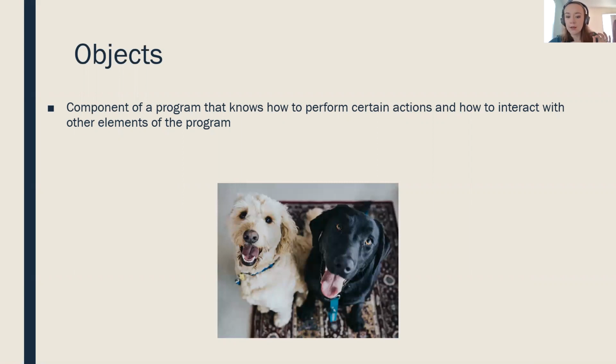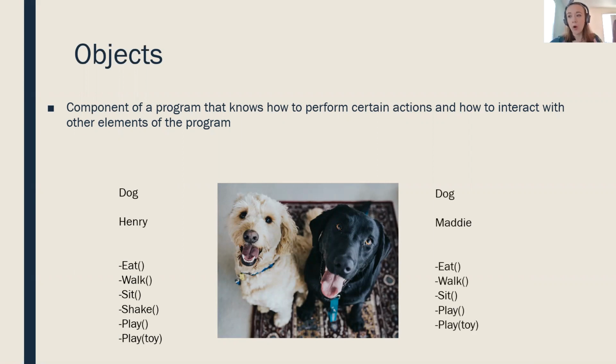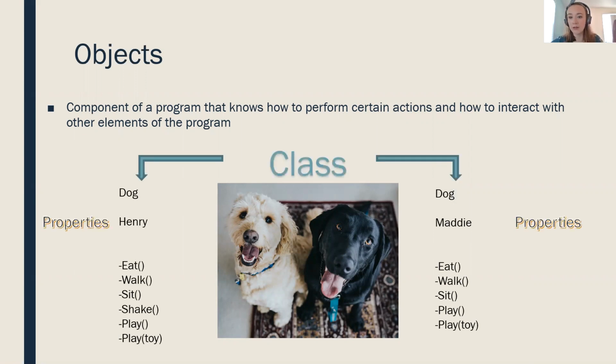You would expect a dog to have a name. You would expect a dog to be able to do something such as eat, walk, sit. These are examples of something called properties for the name and methods for what they do.